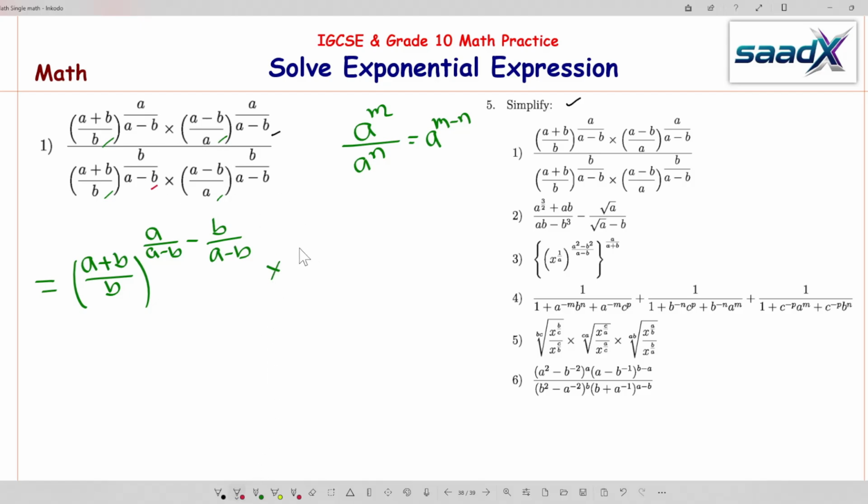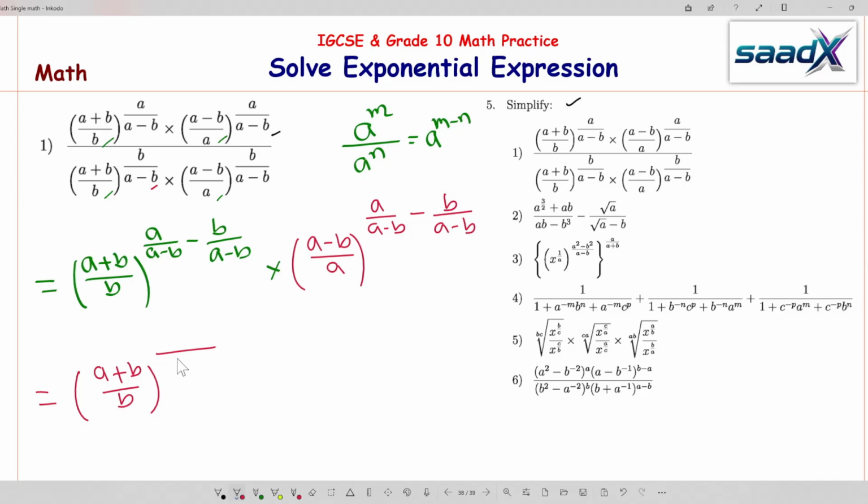And what about the next? Here is a minus b divided by a to the power a divided by a minus b minus b divided by a minus b. For a plus b by b we can take the LCM a minus b, and the same for a minus b by a, with LCM a minus b.